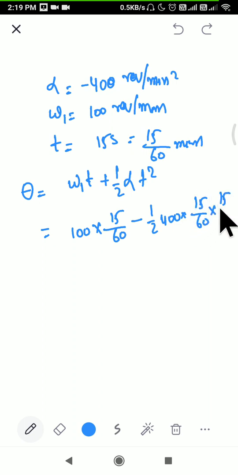So I'm writing 15 by 60 two times. Time square is 15 into 15 over 60 into 60. Clear? So this is nothing but the angle. If I calculate this, I'll get the answer.